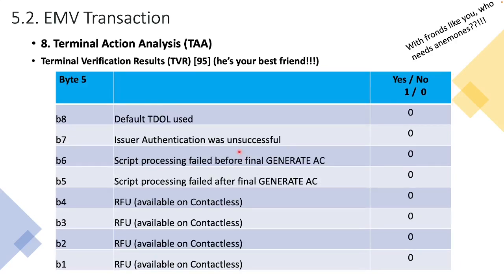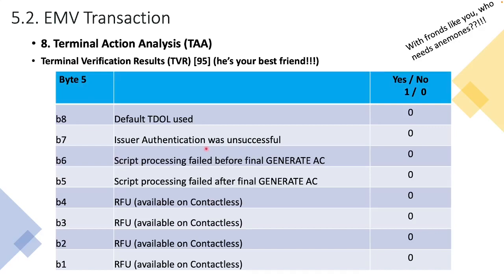Byte 5 generally speaks to things that happen after the transaction has returned back. So the transaction was sent online, there was a response back from the online system, and so byte 5 is usually where we record things that occurred after the initial submission online.